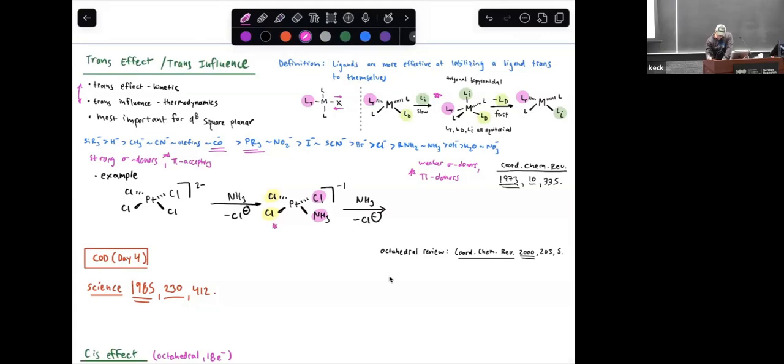And this is the ligand that's going to be labilized. So let's draw that out now and use the same color coding scheme as above. So the departing ligand is going to be this one. The incoming ligand is going to be this other type of green.